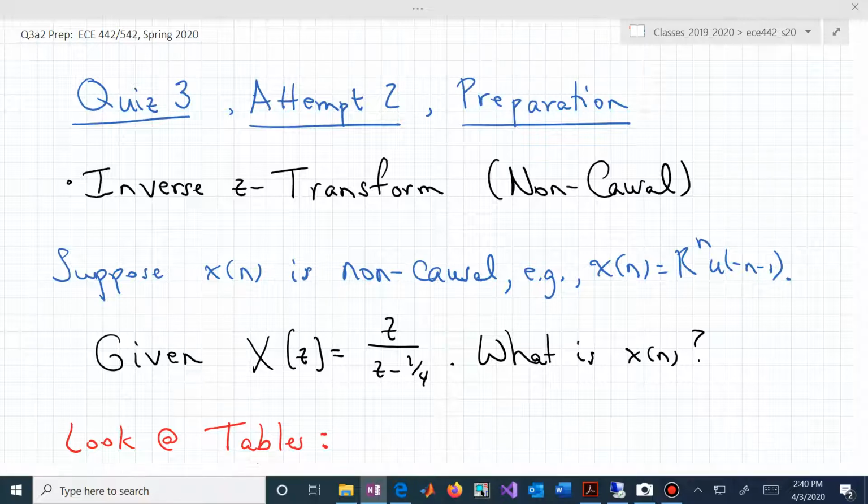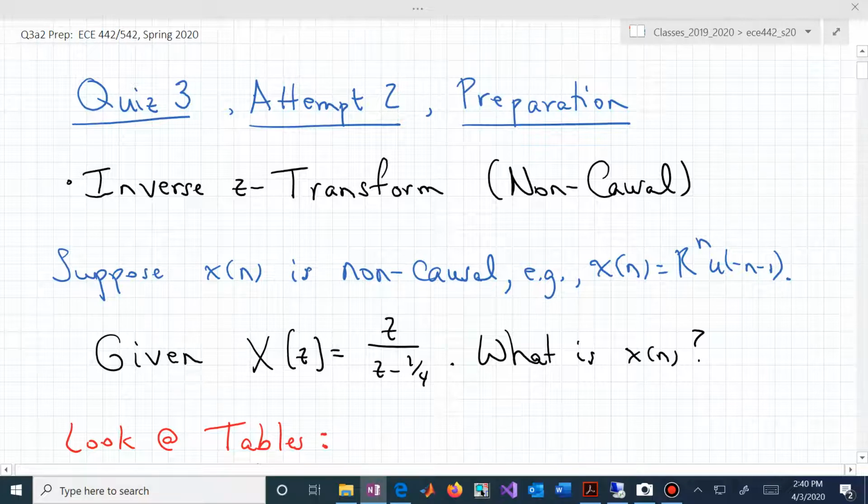That's saying that x of n is defined for negative indices. Suppose somebody gives you this z transform expression, z over z minus 1/4. In this case, capital R is 1/4. What is the sequence expression, little x of n?